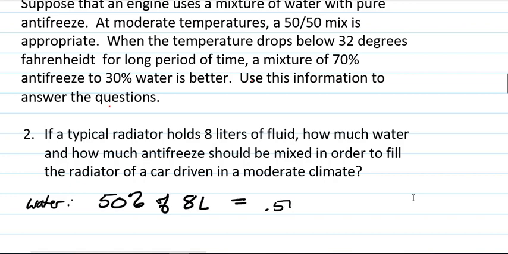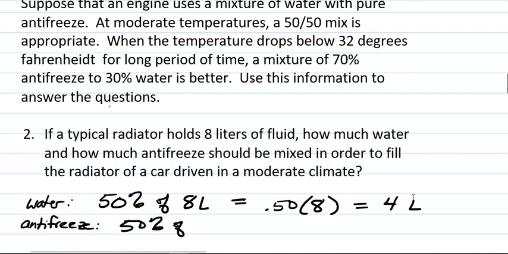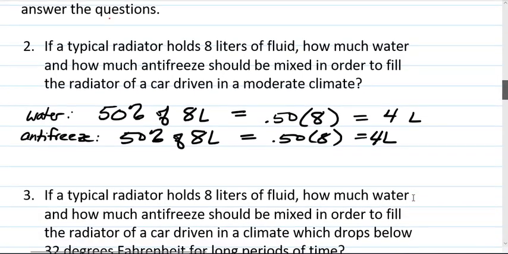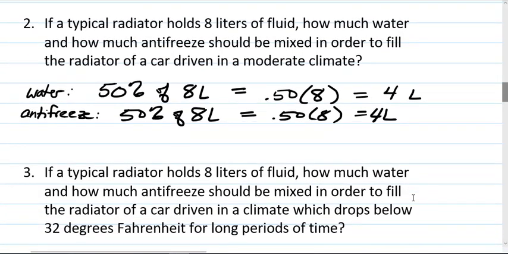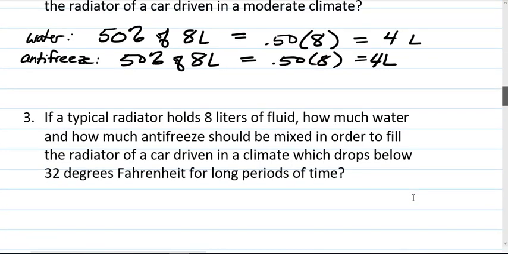So you could multiply it out in decimal form, 0.50 times 8, or you can just think of half of 8 as 4 liters. Similarly, for the amount of pure antifreeze, we're still finding 50% of 8, which is the other 4 liters. So 4 liters of water, 4 liters of pure antifreeze.